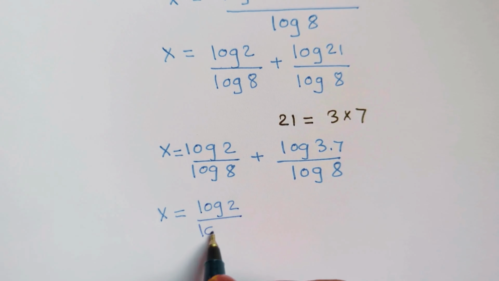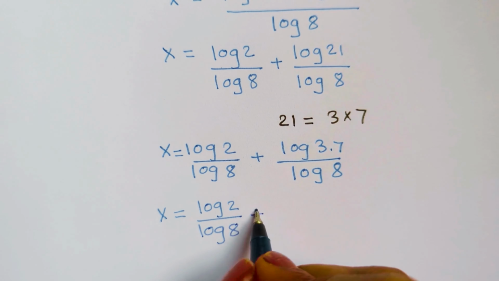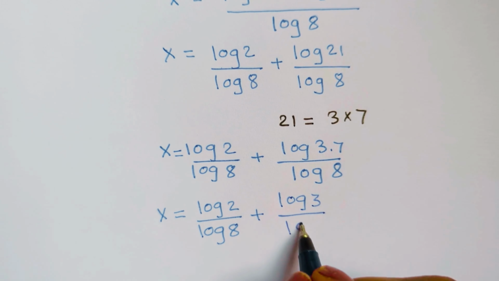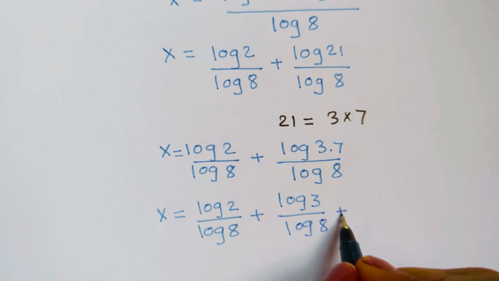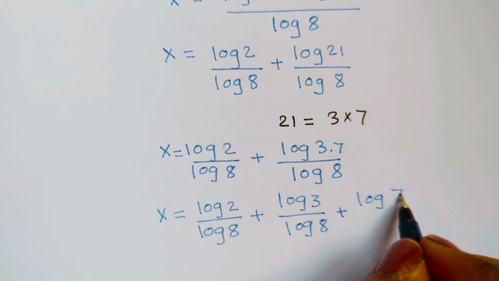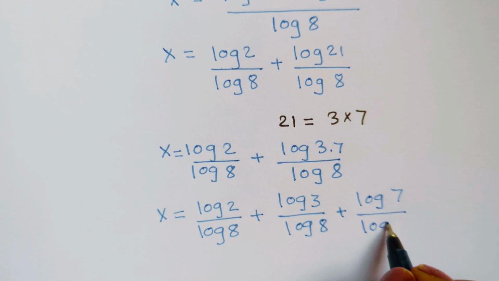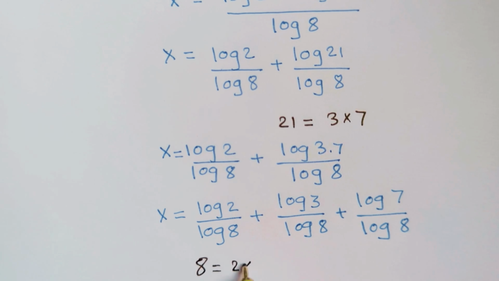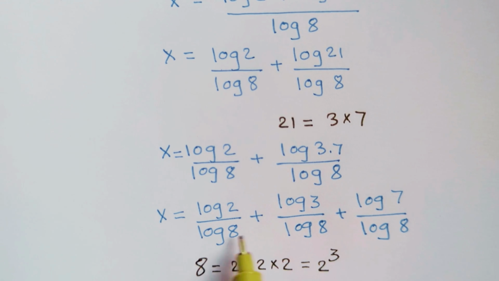So on the right hand side, keeping the first term as it is, now log 3 divided by log 8 plus log 7 divided by log 8. Now we know that this 8 can be written as 2 into 2 into 2, which is nothing but 2 to the power 3.